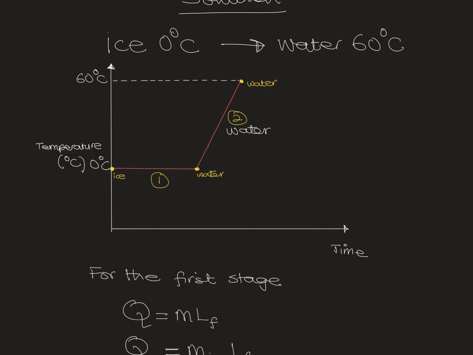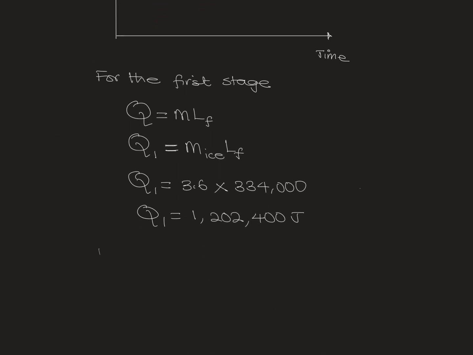Moving on to the second stage, that is we're going to have water at 0 degrees Celsius being converted to water at 60 degrees Celsius. For the second stage, since it involves a change in temperature, we're going to use Q equal to mc delta theta, because there is a change of temperature from water at 0 degrees Celsius to water at 60 degrees Celsius.